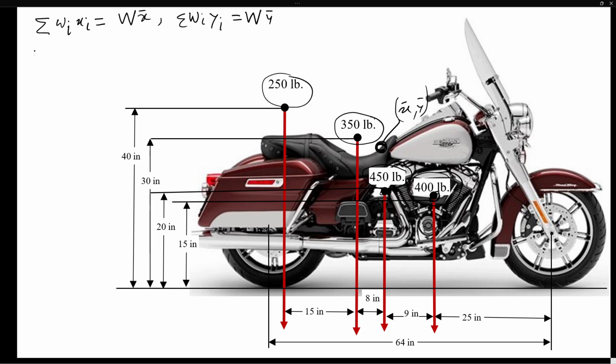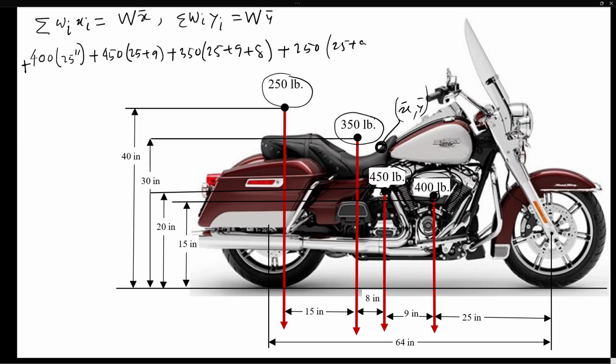So take moments for the 400 pound, let's say with respect to the front wheel. The 400 pound engine weight will cause a positive moment, and the distance of that is given as 25 inches, plus the 450 pound chassis weight, the distance of that is 25 plus 9 inches, plus the rider weight of 350 pounds, which is 25 plus 9 plus 8 inches away from the front wheel, plus the 250 pound passenger weight, which is 25 plus 9 plus 8 plus 15 away from the front wheel.